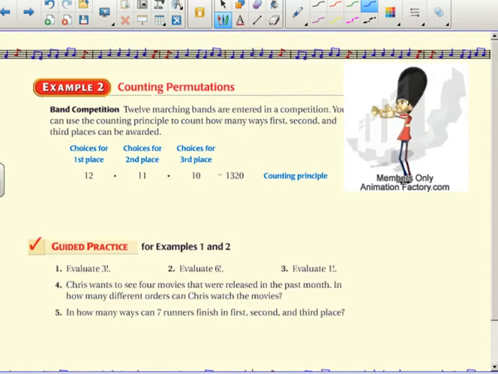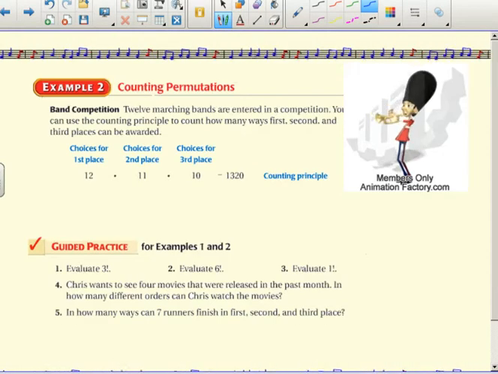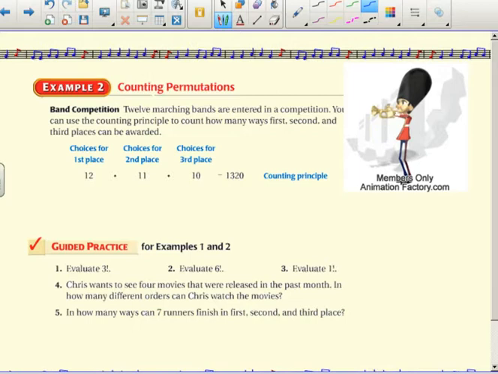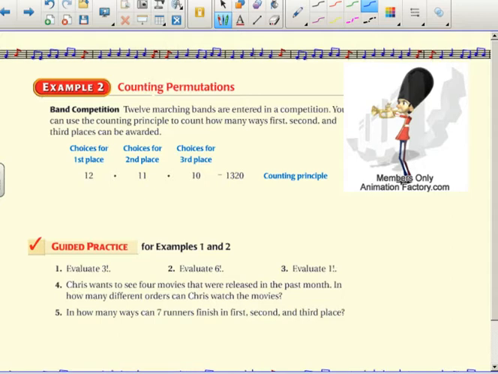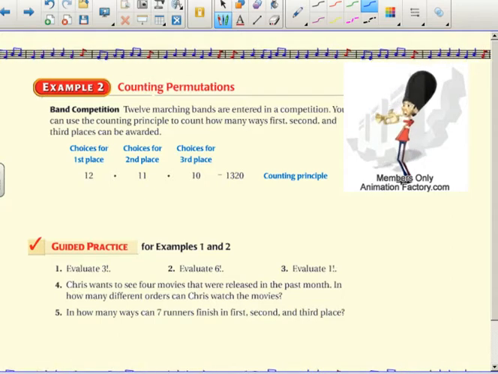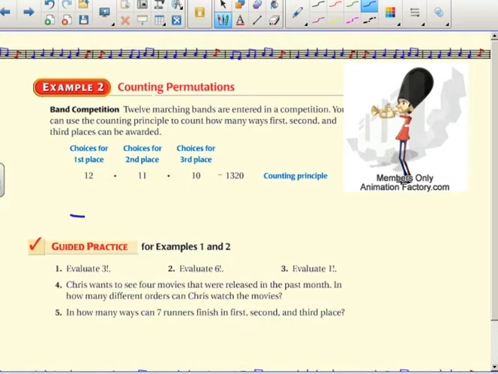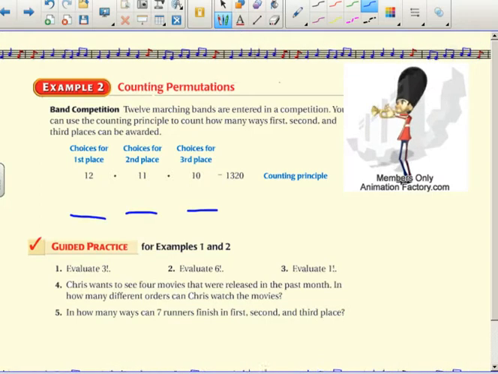Here's an example. Band competition. 12 marching bands are entered in a competition. You can use the counting principle to count how many ways first, second, and third can be awarded. If you think about it, I have 12 bands, and we're awarding first, second, third.